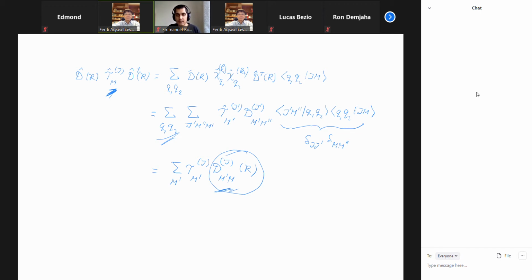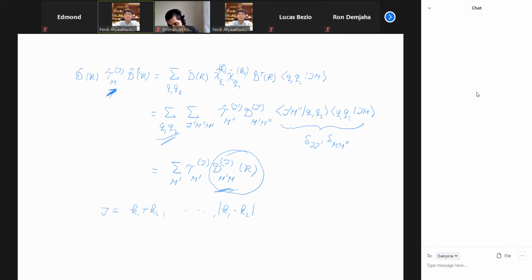Of course, we also have to make sure that the J here runs from K1 plus K2 all the way down to the absolute value of K1 minus K2. That's the same as when we add two angular momentum states. It's the vector addition formula.